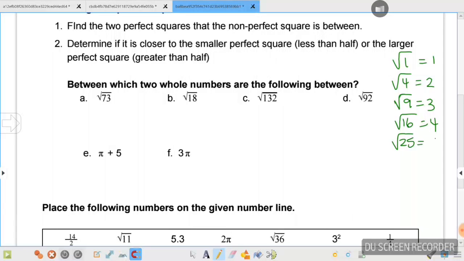And I'll just keep going here. Sorry, I was thinking 8 because its square root is 8.